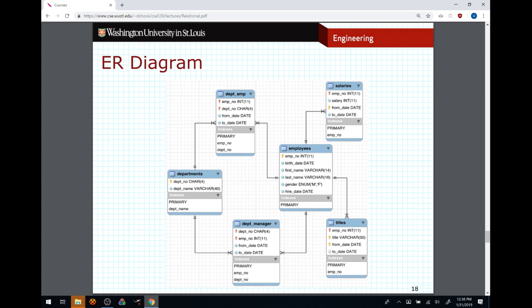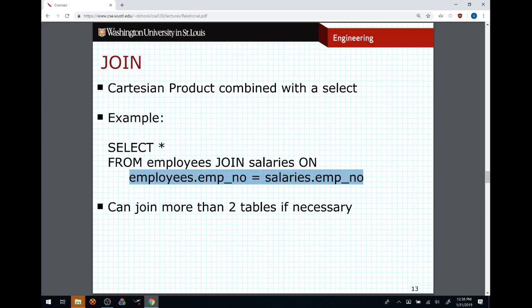So how are joins expressed using relational algebra? What's that look like? It's a Cartesian product combined with a select operation. That's how I would expect it to show up in the tree. I have to join these two tables together with a Cartesian product.